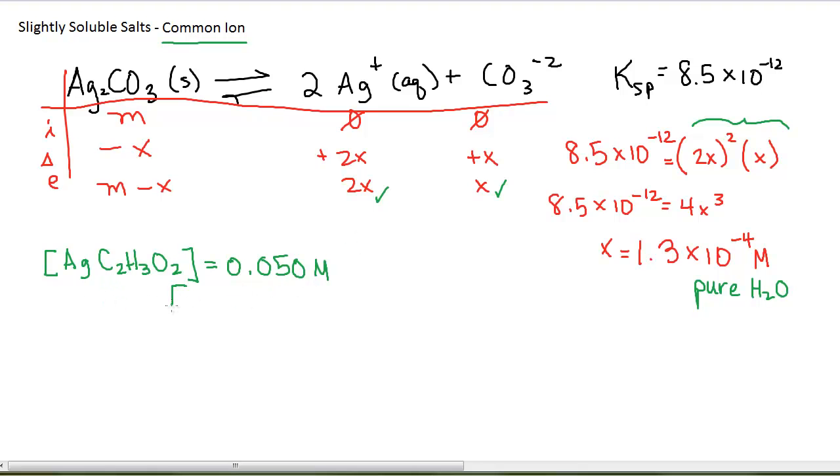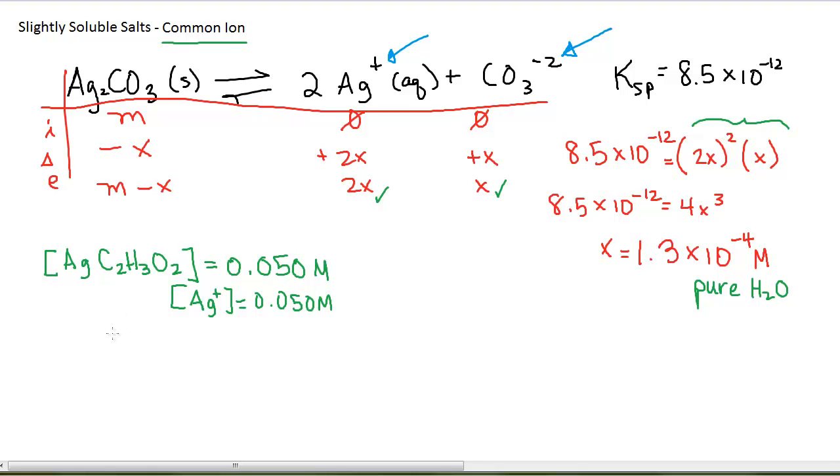That means my silver plus 1 ion concentration is also 0.05 molarity in this aqueous solution. My acetate ion is also that, but it doesn't really matter because acetate ion does not show up in my equilibrium reaction. Only the silver plus 1 ion does.